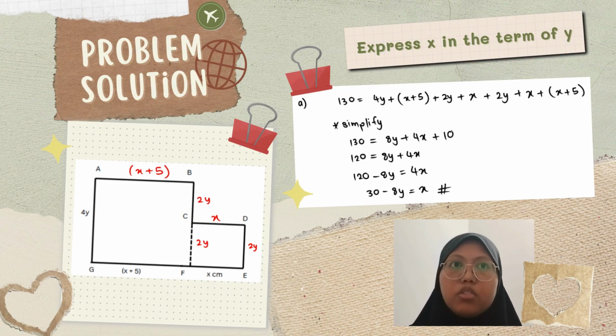Then we move the 8y to the other side, so we get 120 minus 8y equals 4x. Now we have to move the 4 to the other side so that x doesn't have any constant. If we divide by 4, we finally get the final answer we need, which is x equals 30 minus 2y.